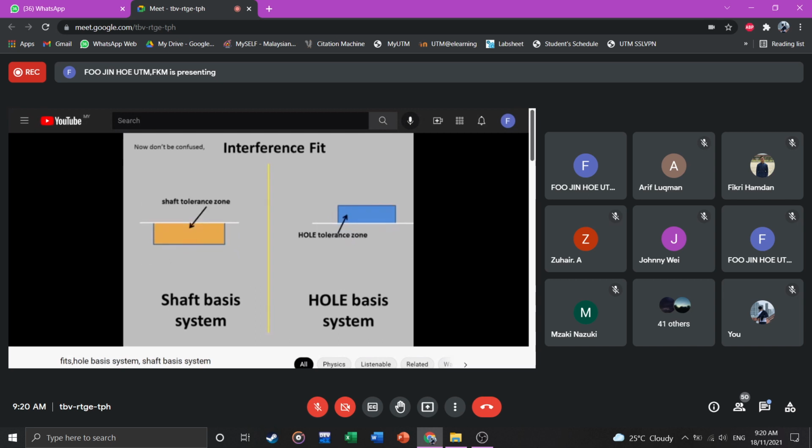In the same way, in case of interference fit, in the shaft basis system, the shaft tolerance zone position with respect to the zero line will be fixed, and only the hole tolerance zone will be moved in order to get the interference fit. And in the hole basis system, the hole tolerance zone position with respect to the zero line will be fixed, and only the shaft tolerance zone position will be moved in order to get the interference fit.